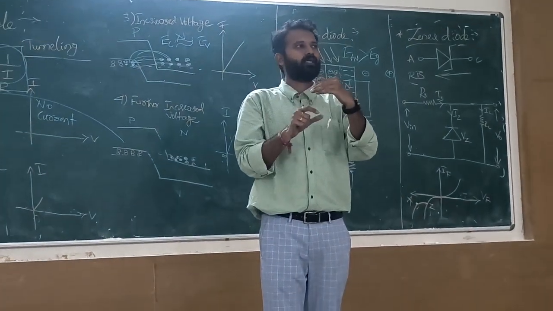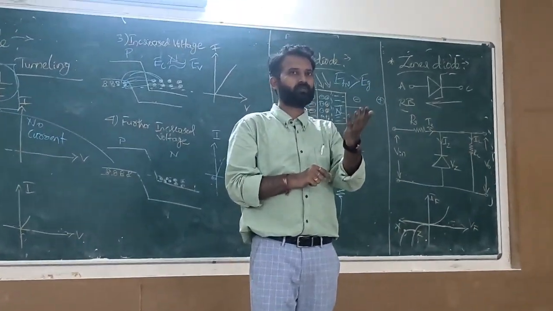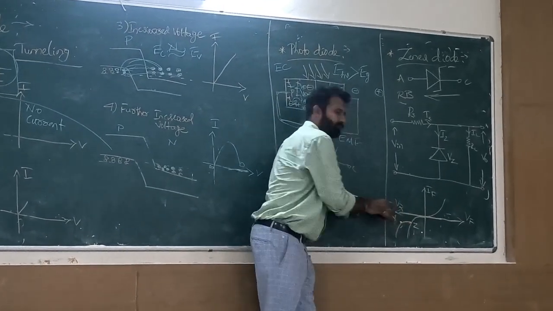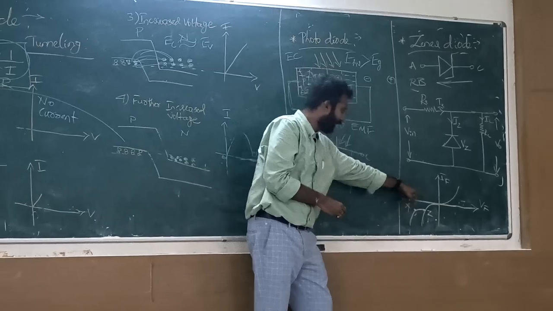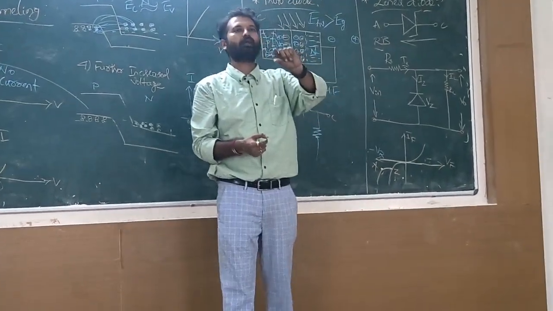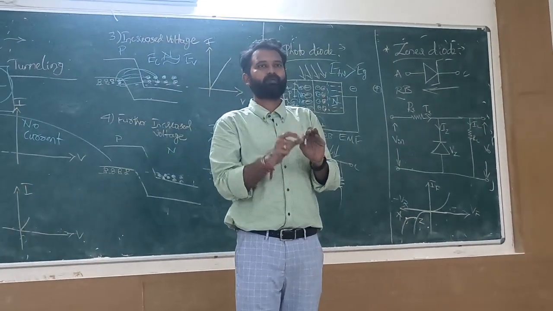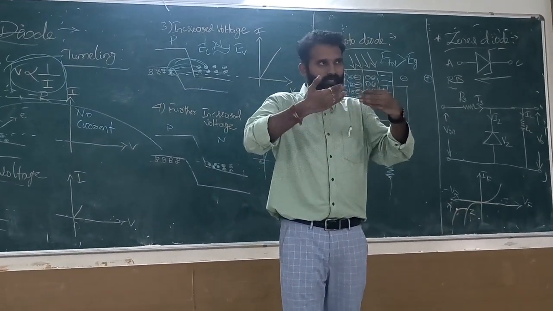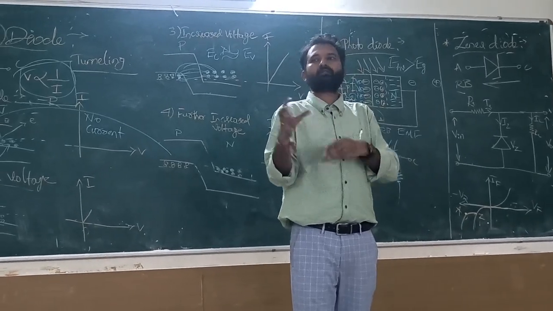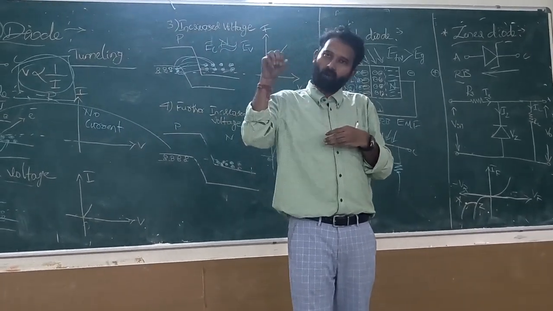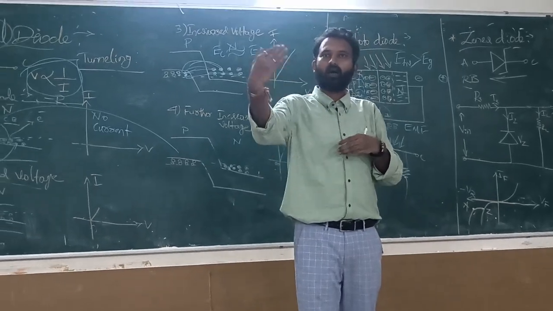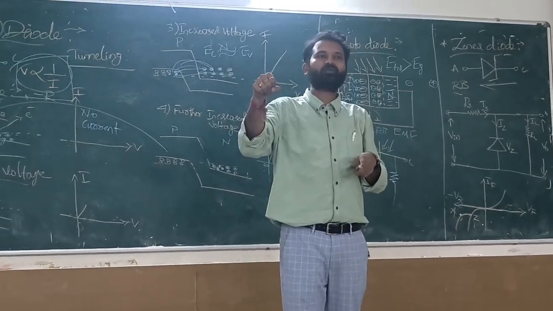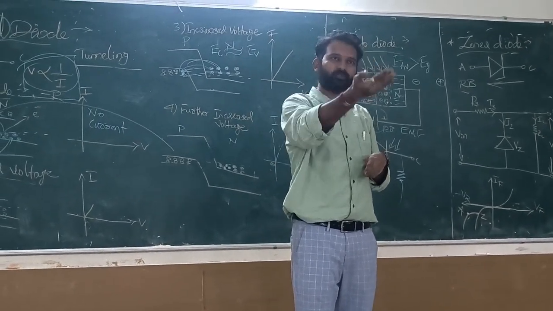Let me remind you, for better understanding, what I am doing here. This is negative, reverse. On the x-axis, I am increasing the reverse voltage. What happens when you increase the reverse voltage? Two electrons will get velocity and energy. Those two electrons will knock off, meaning they break other two electrons from a parent atom. 2 plus 2, 4. 4 plus 2, 6.